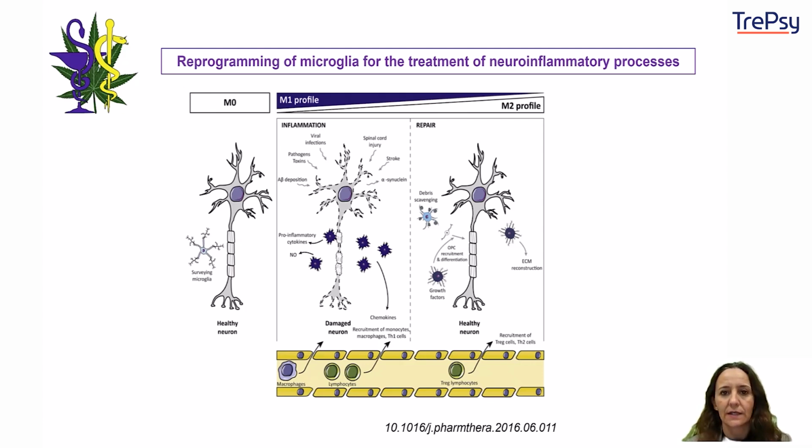We can see here in this image that the M1 profile, the pro-inflammatory profile, can damage neurons, and the more repairing phenotype, as we can see here in the healthy neuron, is promoted by the M2 phenotype of the microglia.